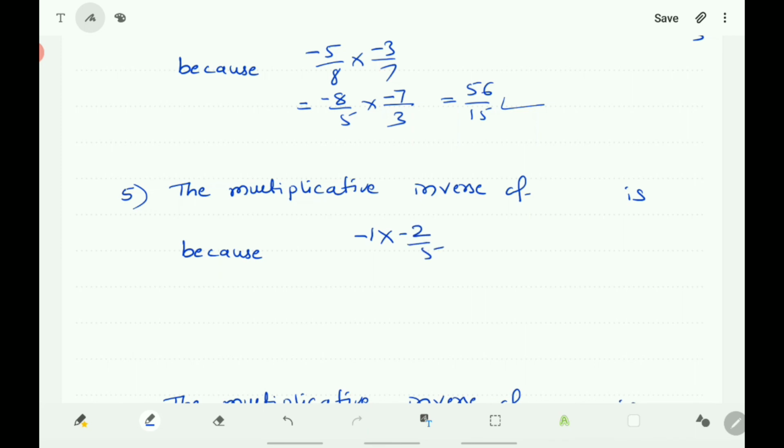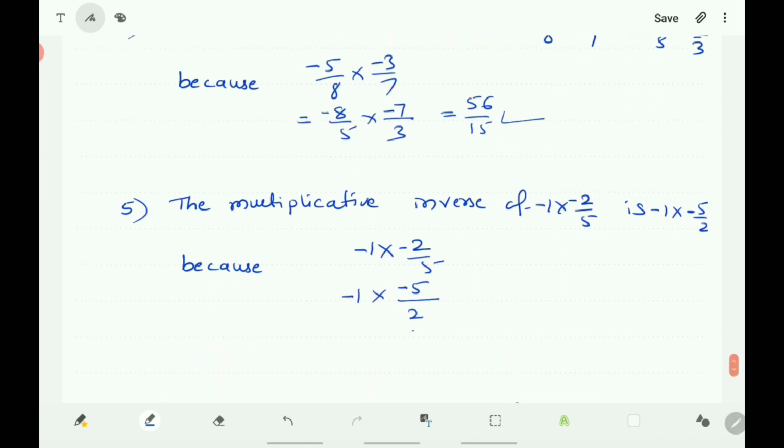You know that multiplicative inverse of minus 1 is minus 1, into multiplicative inverse of minus 2 by 5, you can write minus 5 by 2. So the multiplicative inverse of minus 1 into minus 2 by 5 is minus 1 into 5 by 2, that is minus 5 by 2.